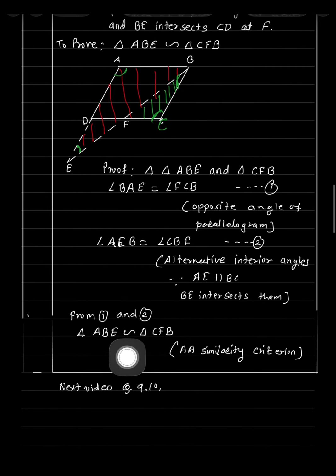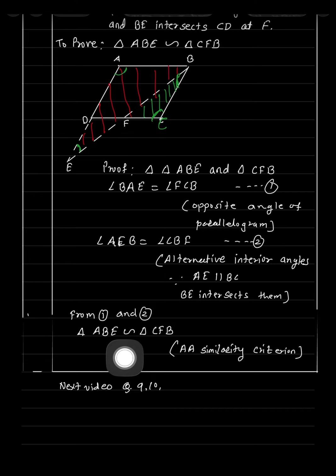So from these two, triangle ABE is similar to triangle CFB, since we got two angles equal, by AA similarity criteria.